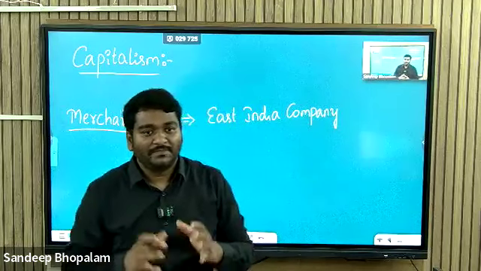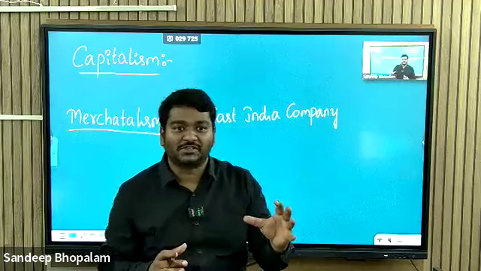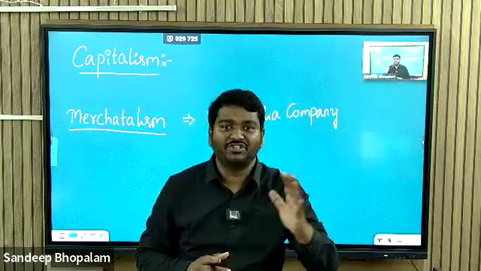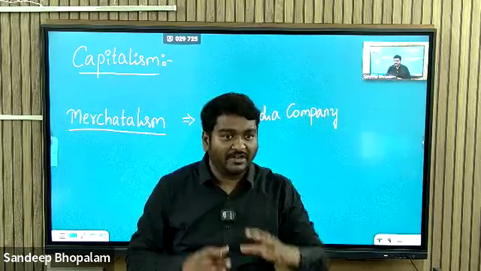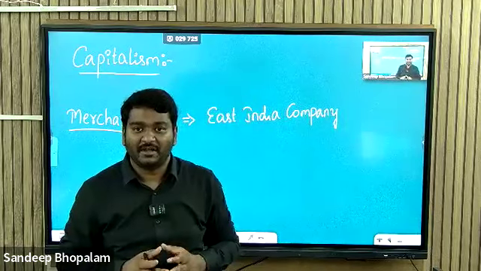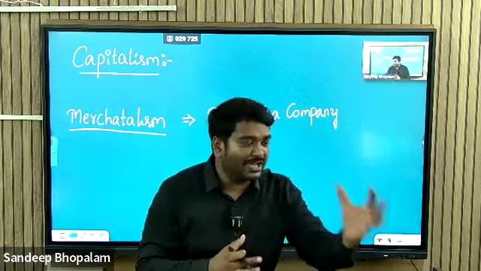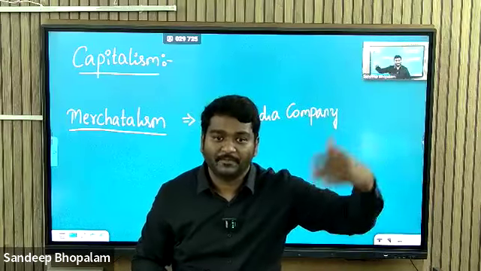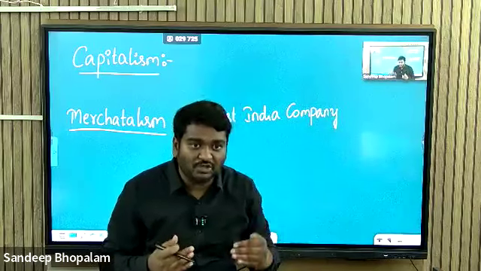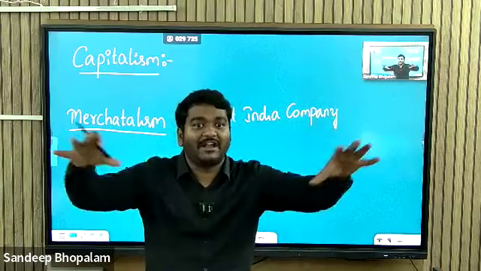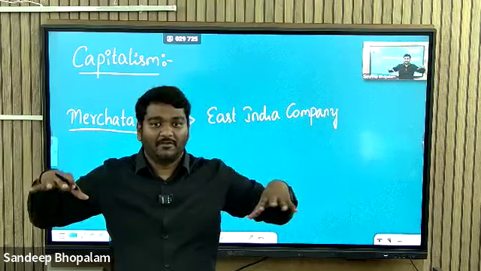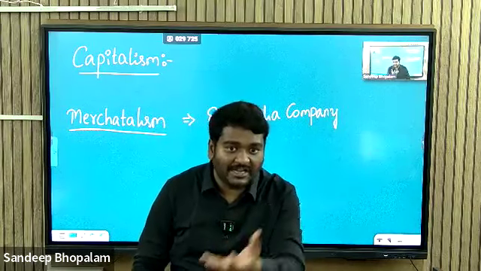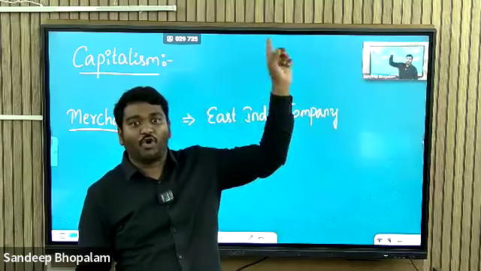What they used to do? They used to collect good goods from China. Silk was good in China. Tea was good in China. Coffee, different things they used to collect from China. They used to collect from India. They used to collect from Indonesia. You might have heard travelers used to come. Who are these travelers? They used to come, see what all are available in India. Which product is there? They used to collect a little of everything. Go to Europe.